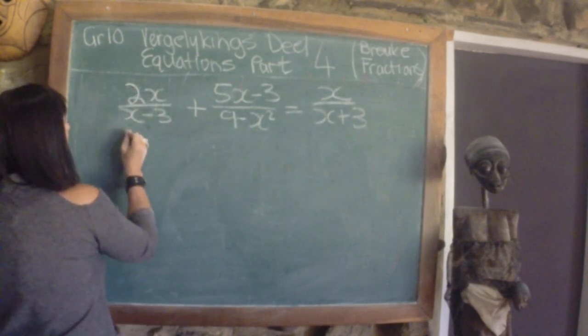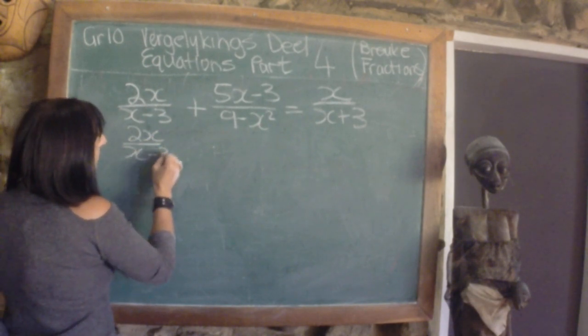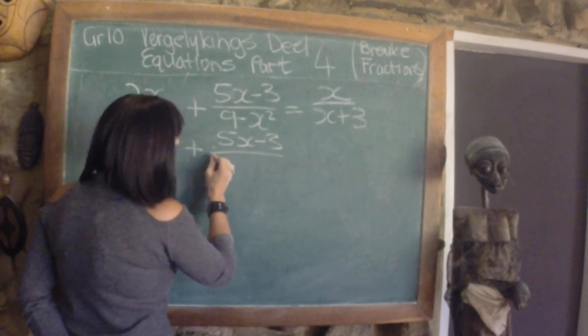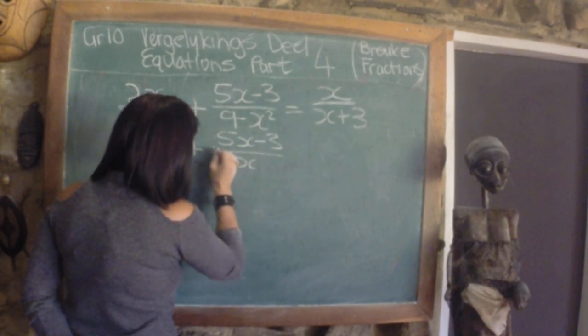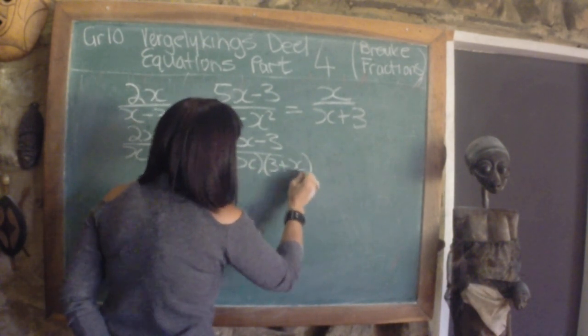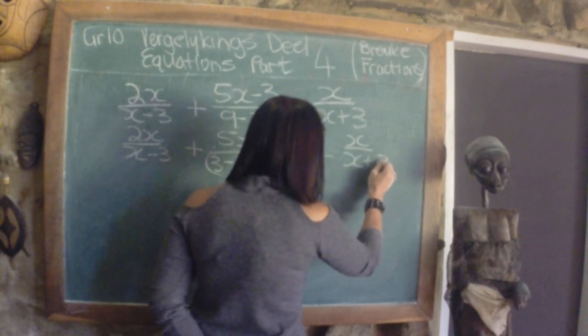Daai ouetjie kan gefaktoriseer word. So dis die verskil tussen twee vierkante. I'm going to factorize that. And that's going to be 3 minus x, 3 plus x equals x on x plus 3.